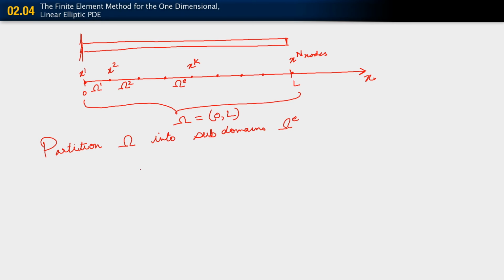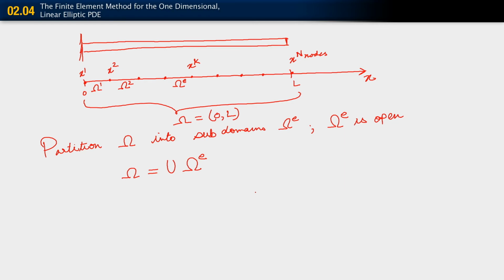And the nature of this partition is such that our entire domain omega is the union of each of these subdomains omega e, right? Furthermore, each of these subdomains omega e is an open subdomain. Okay, it's an open interval, right?